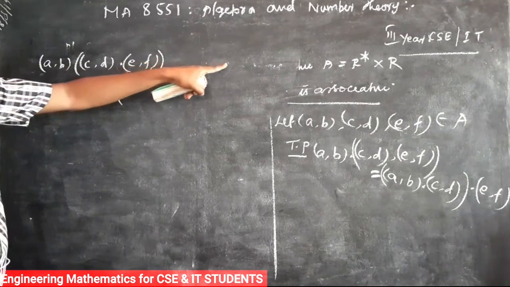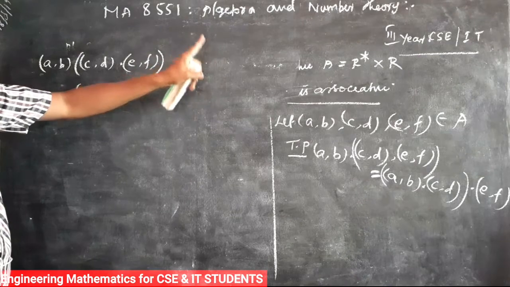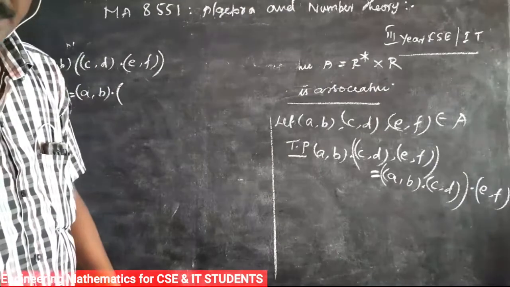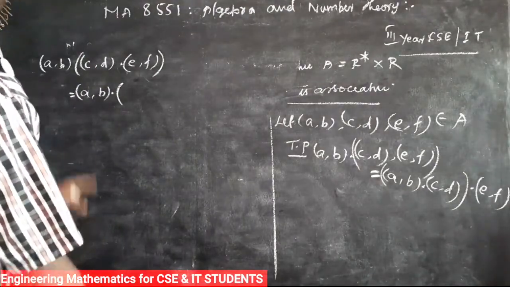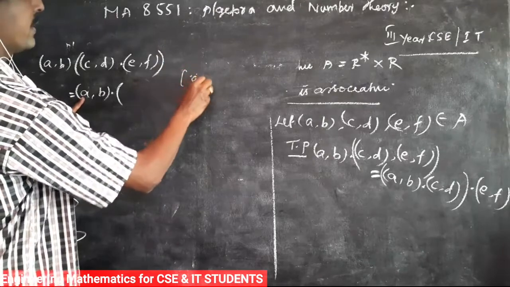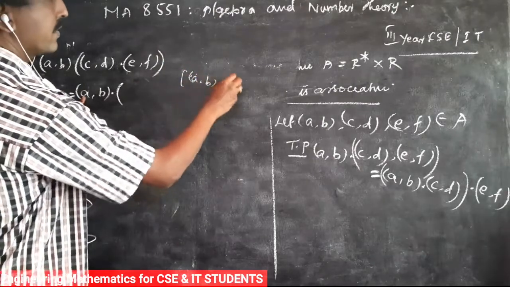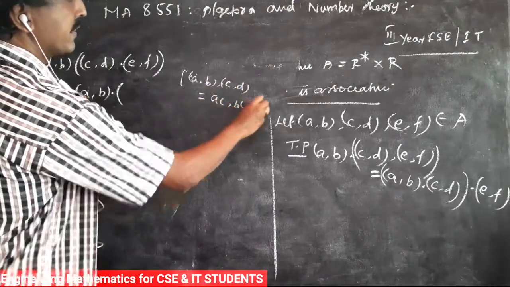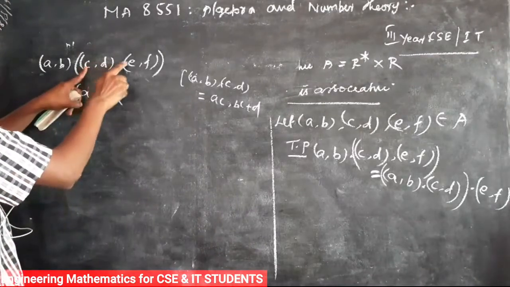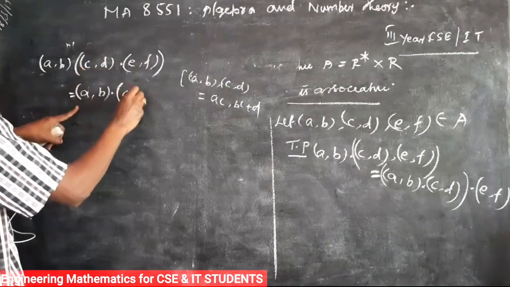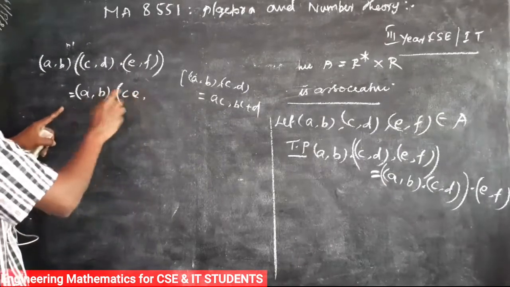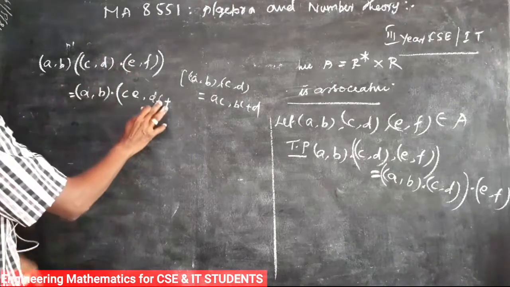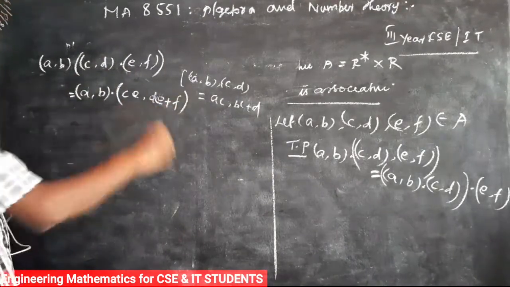Actually the problem is defined as (A, B) dot (C, D) equal to (AC, BC plus D). So (A, B) dot (C, D) equals (AC, BC plus D). Then we take (C, D) dot (E, F), which is equal to (CE, DE plus F).